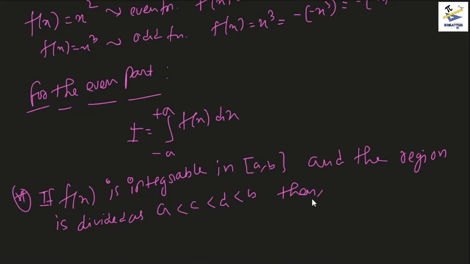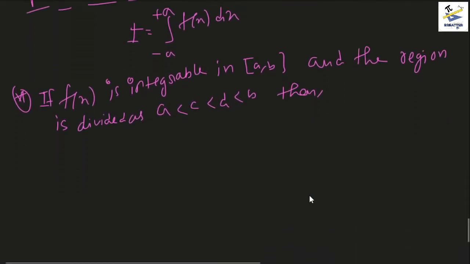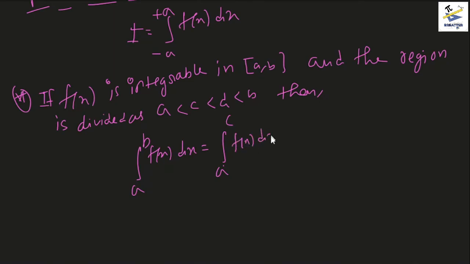then it doesn't matter in how many regions it is divided, you can divide it into as many regions as possible. So this integral a to b f of x dx can always be written as a sum of integrals: a to the next number c f of x dx plus c to the next number d f of x dx plus d to the next number b f of x dx.